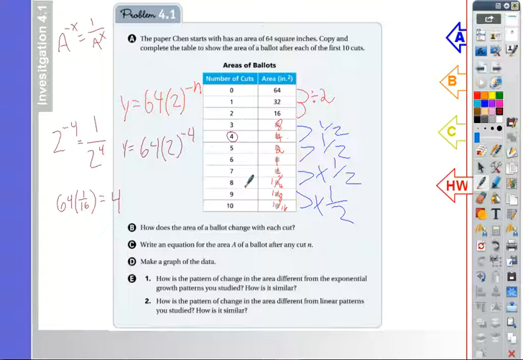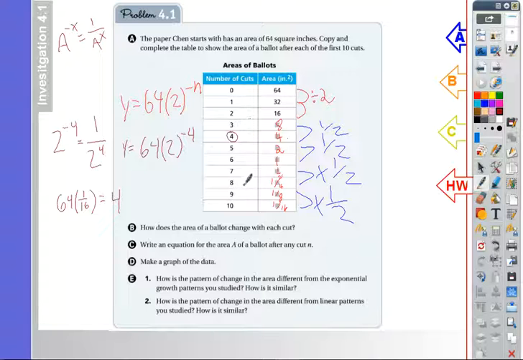So I'm going to pause the video. You in period 7, pick one of these n values, plug it in, and see if you get the correct y.